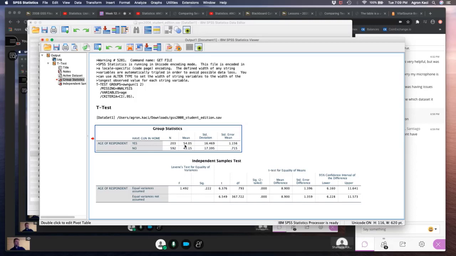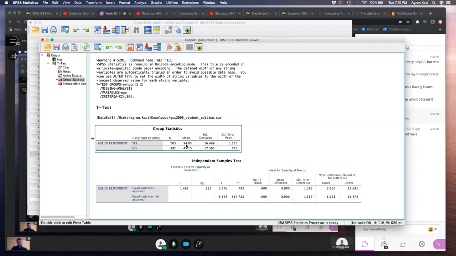The mean age of those who have guns is 54 years old. 45 years old is the mean age of those who don't have guns. So right there, you have an answer to the question. It seems like people who have guns are older than people who don't have guns, by about 9 years.